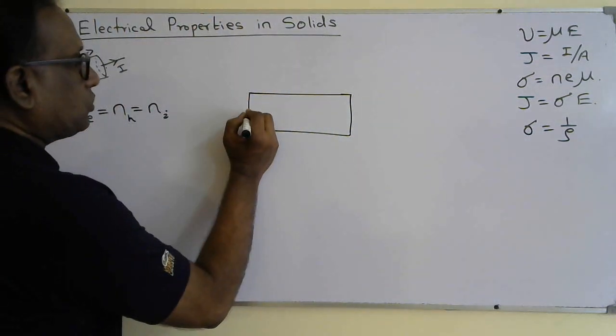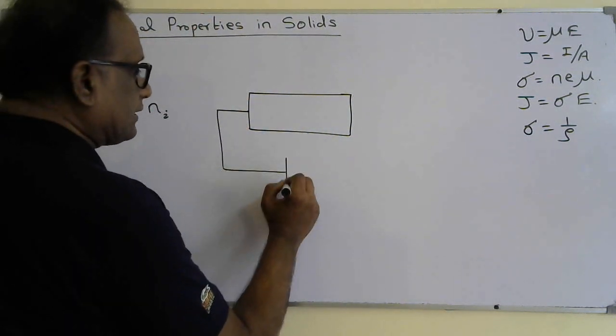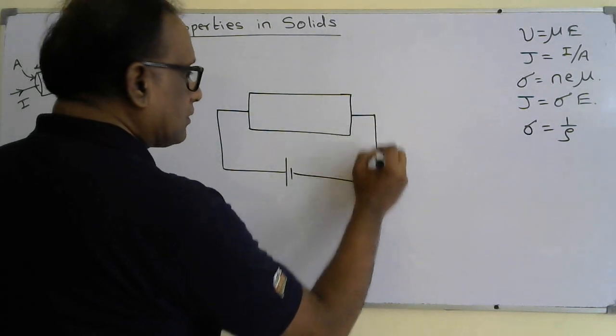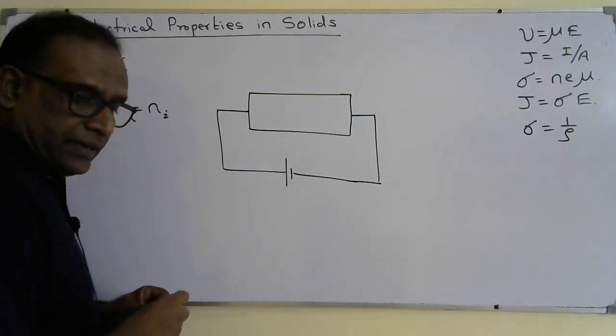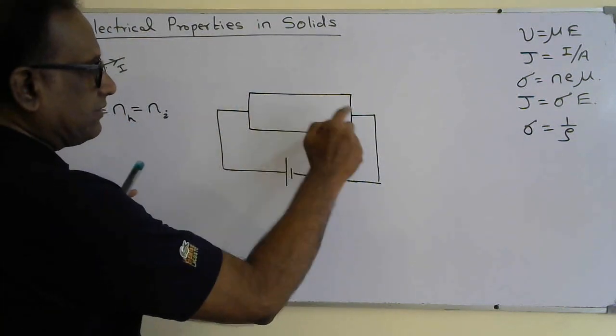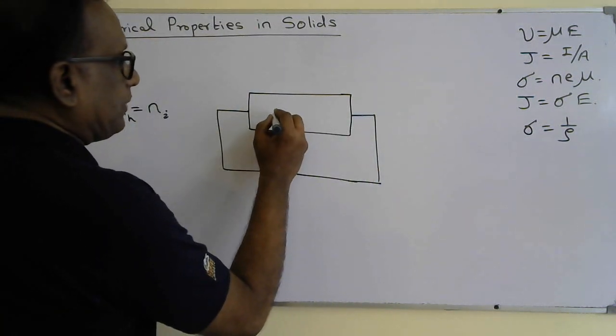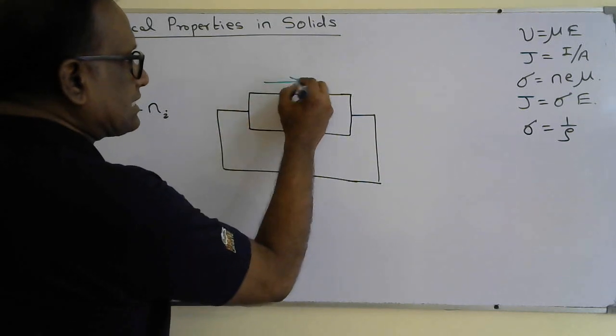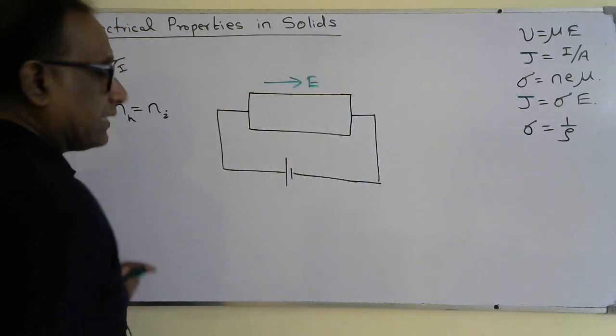If you connect it to a power supply like this, an electric field will be developed inside the material in this direction, because this is positive and this is negative. I'll put it outside the material.